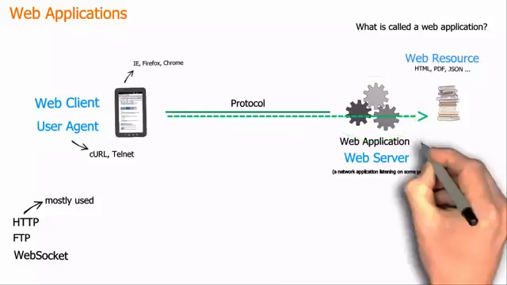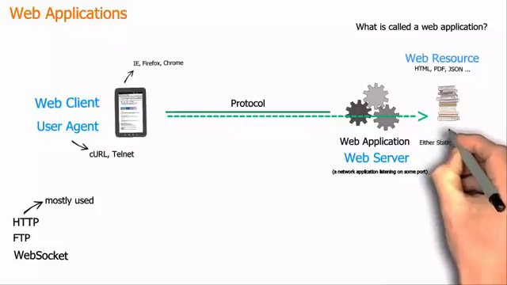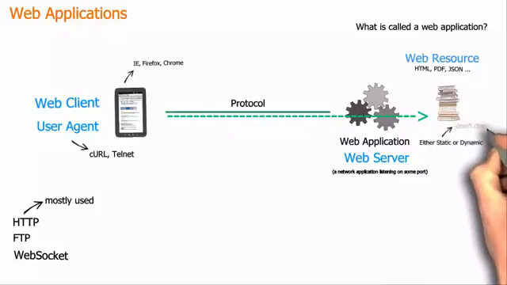A resource could be either static or dynamic. A resource which does not change is called a static resource. That means it's like some static file sitting on the web server's hard disk, or sitting somewhere which the web server has got access to. And when a request for a resource comes from a web client, the web server passes that resource to the web client straight.